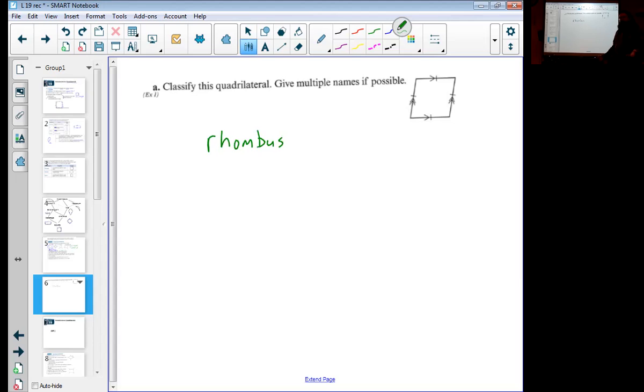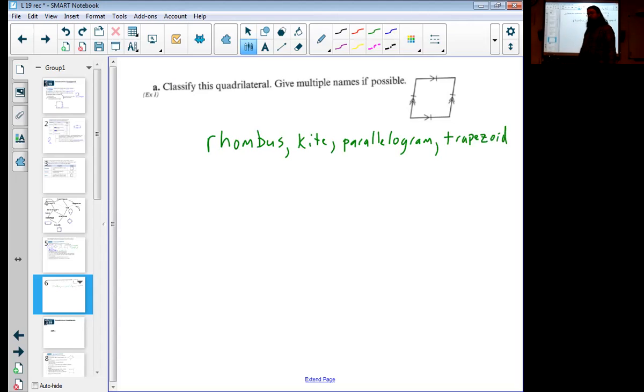Well, we know that a rhombus is a combination of a kite and a parallelogram, and that it is also a trapezoid. So this is the end of part 1.